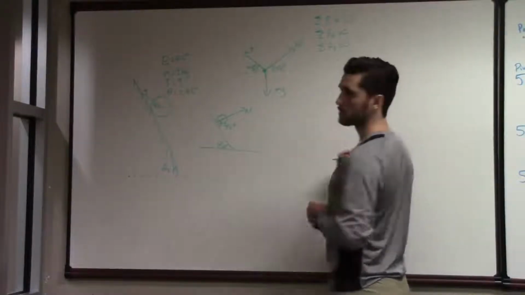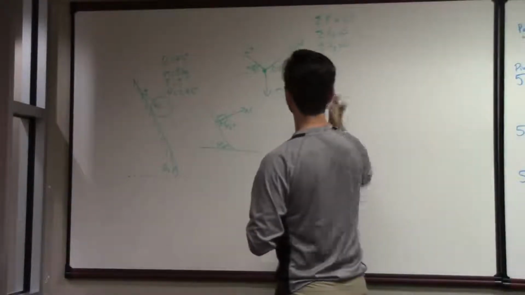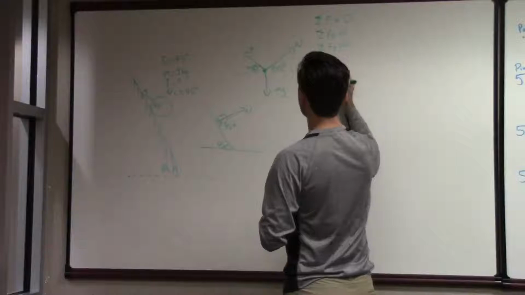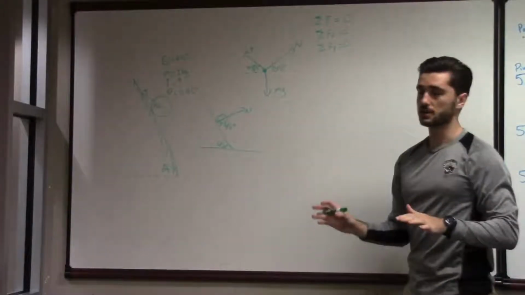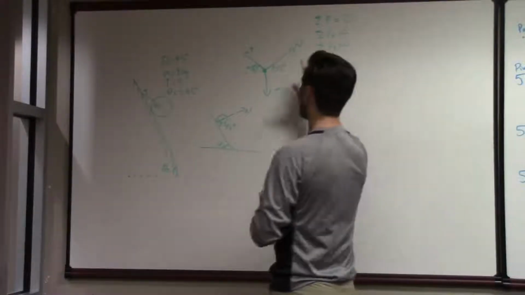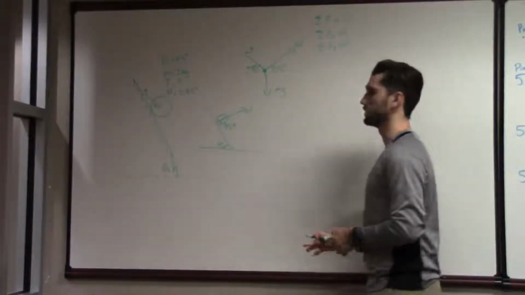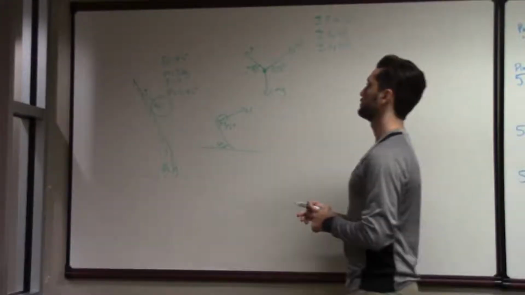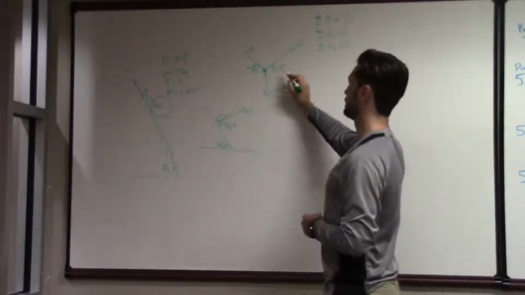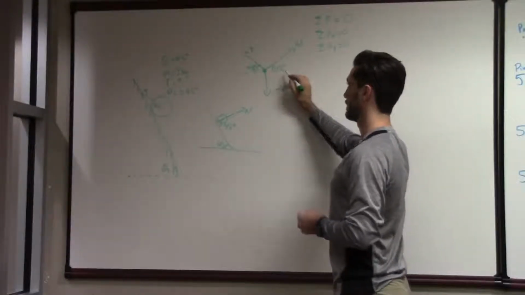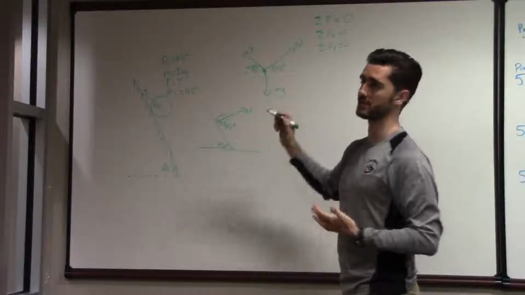So let's start with the sum of forces in the x direction. The force due to gravity does not have any components in the x direction, but the normal force does. So what is the x component of the normal force? Well, if you use some trig, you can see that the cosine of 45 times the normal force will give you its x component.